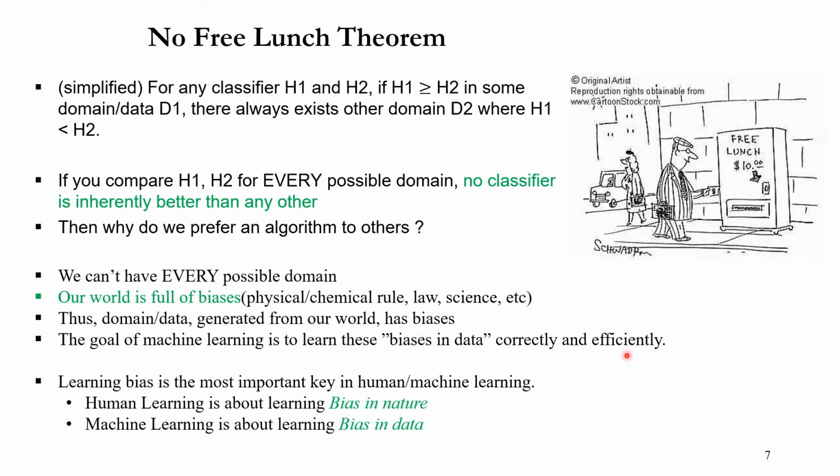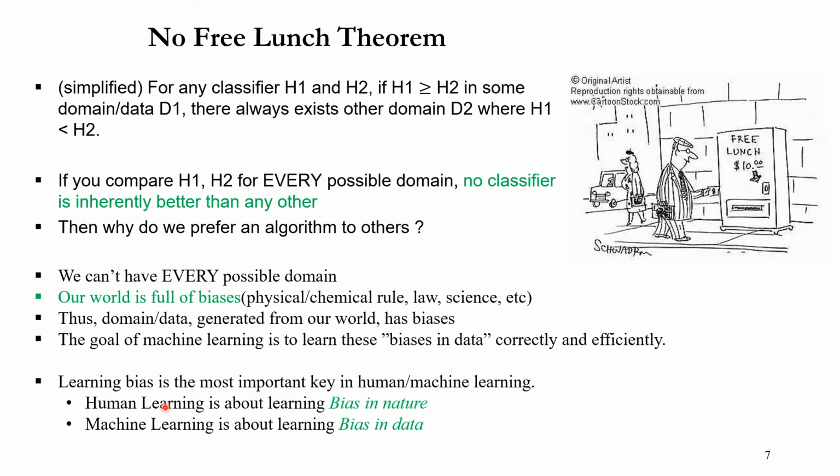We're going to learn many machine learning algorithms, and actually the goal of machine learning is to learn the bias in the data correctly and efficiently. So learning is about learning bias. Learning bias is the most important key in human learning and machine learning as well.